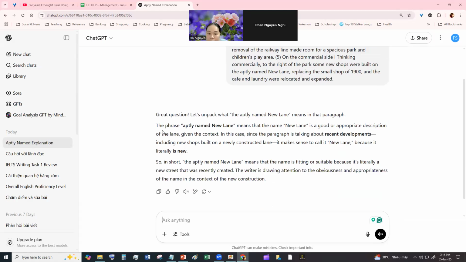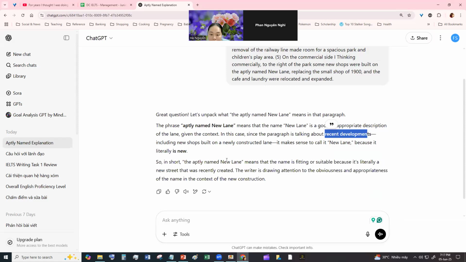Okay, so the aptly named New Lane means the name New Lane is a good or appropriate description of the lane, given the context. So the paragraph is talking about recent developments, including new shops built on a newly constructed lane. It makes sense to call it New Lane because it is literally new. Okay.